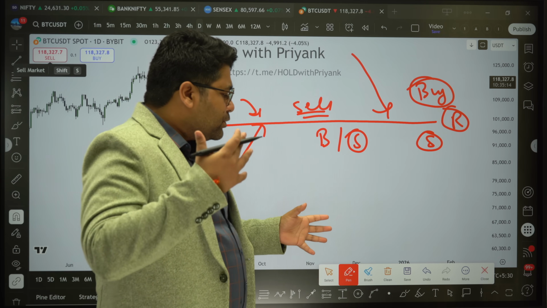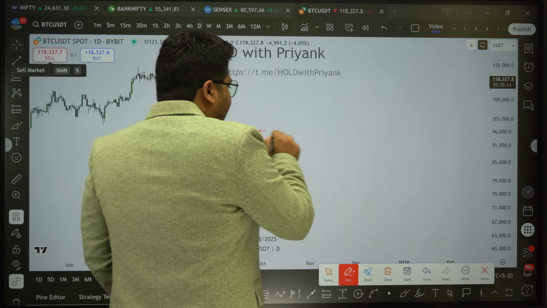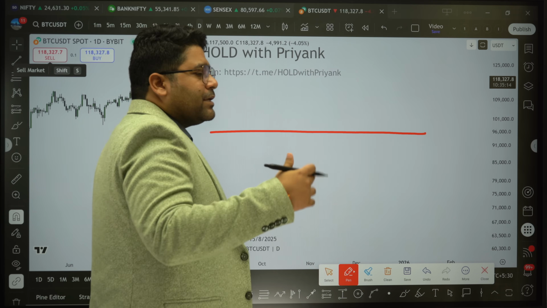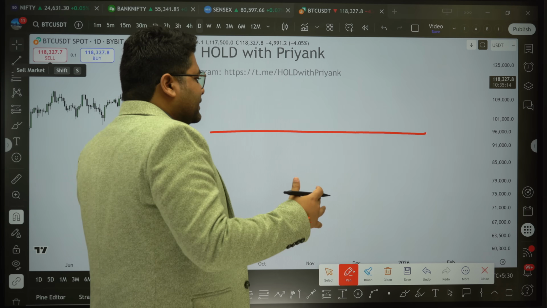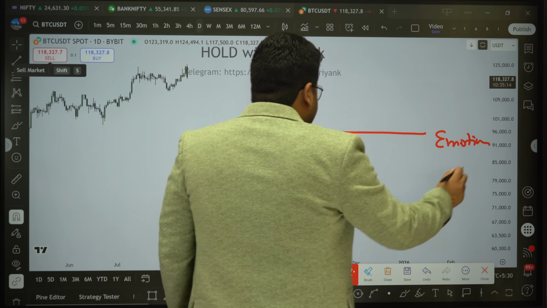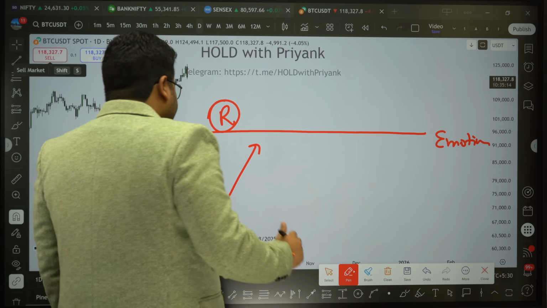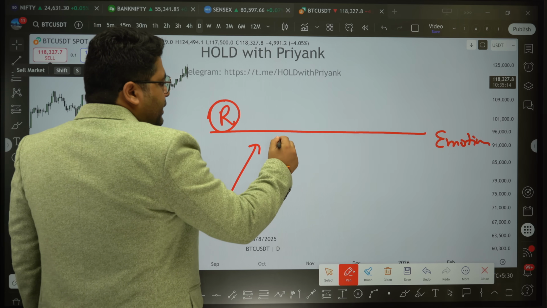But what I have experienced is, when price reaches any support or resistance level and we directly go and buy or sell, we cannot control our emotions. Why? Because if price is going like this, we consider it resistance, right? And we thought that we will sell.